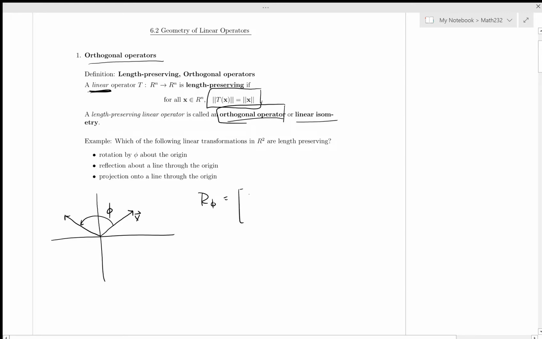It looks like this: cosine phi, minus sine phi, sine phi, cosine phi. So that is a length preserving rotation by phi. So rotation is length preserving.